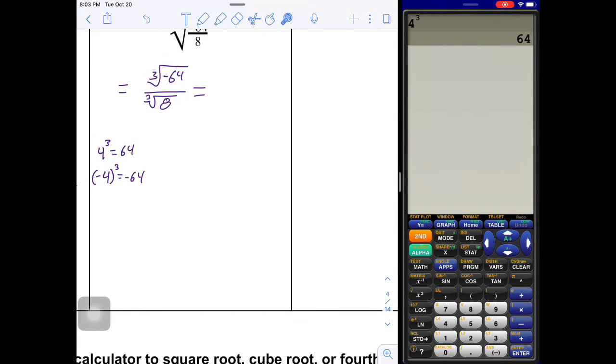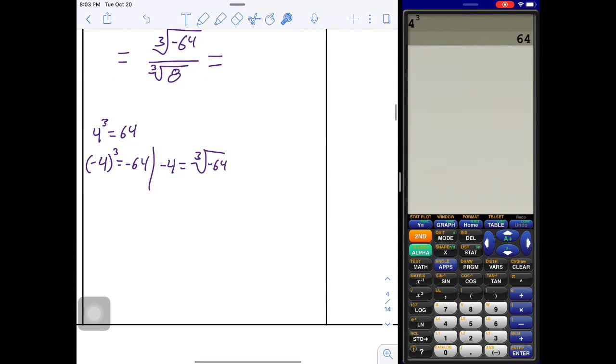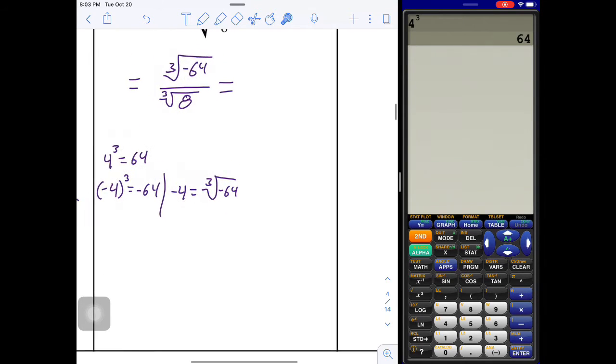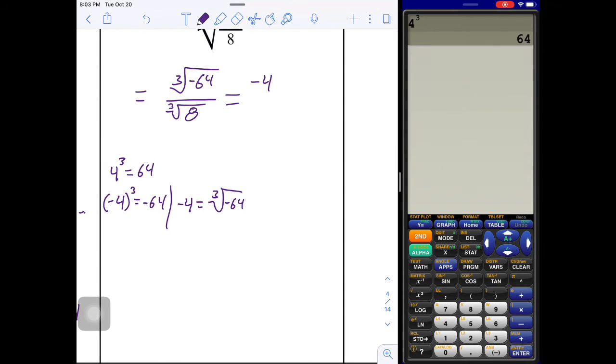So I can understand this as negative 4 equals the cube root of negative 64. So remember from our 4.1, if your index is odd, you can have negative values as your radicand, okay? So the cube root of negative 64 is going to be negative 4. So this equals an integer.